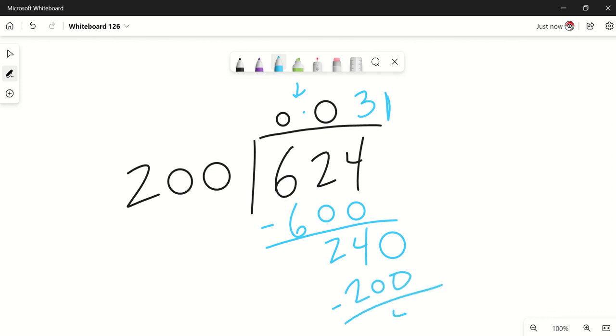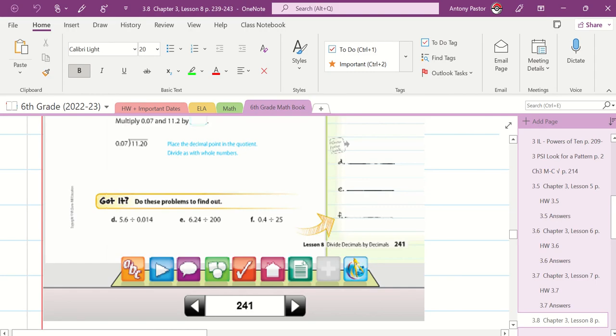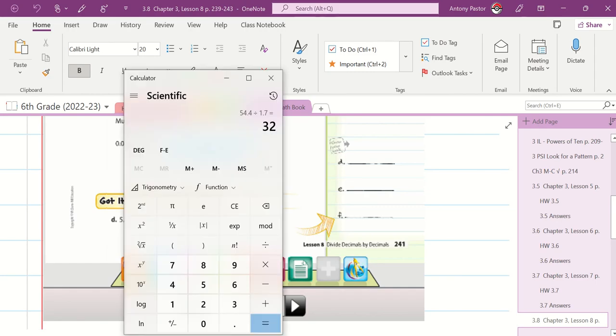When I subtract, I'll only have 40 left over. Annex another 0. 200 will go into 400 twice, which will equal 400. When I subtract, I got nothing left over. My answer should be 0.0312.